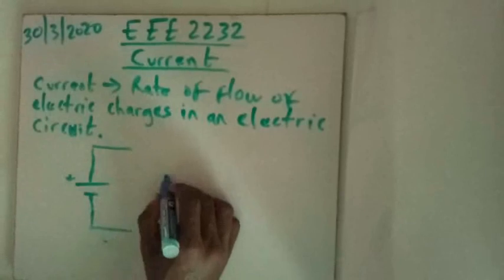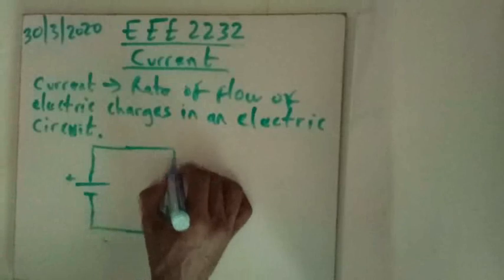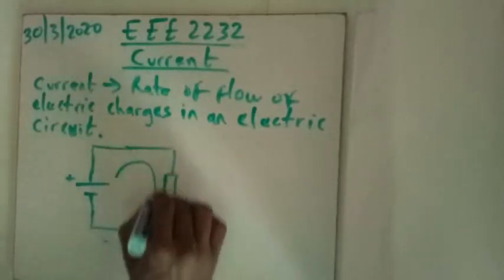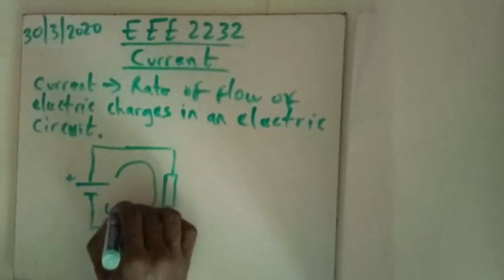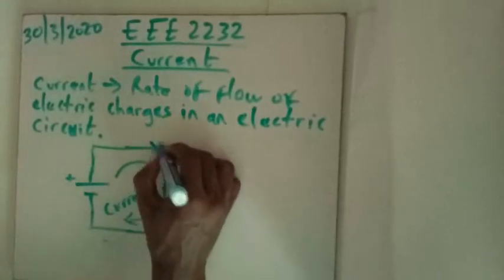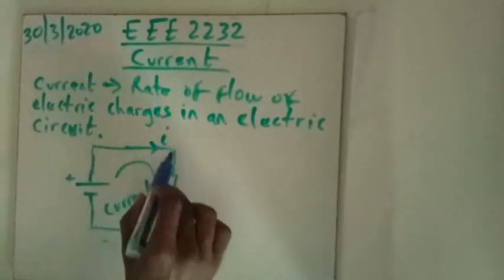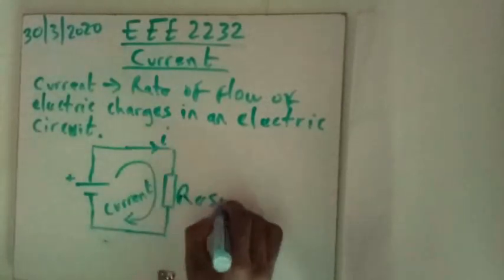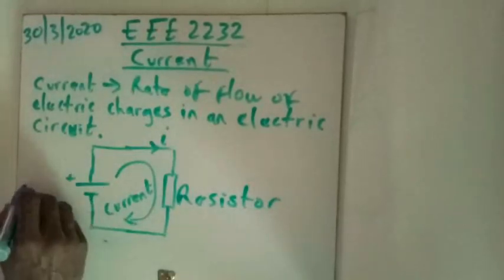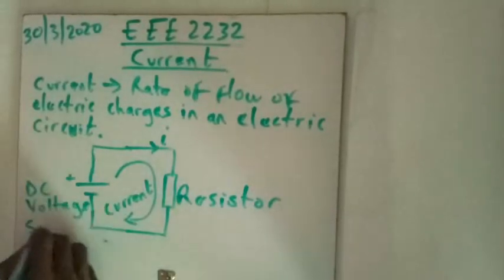If you have a resistor connected to a voltage source, current flows from the positive terminal through the resistor to the negative terminal. So this is the direction of current, and this is a DC voltage source.